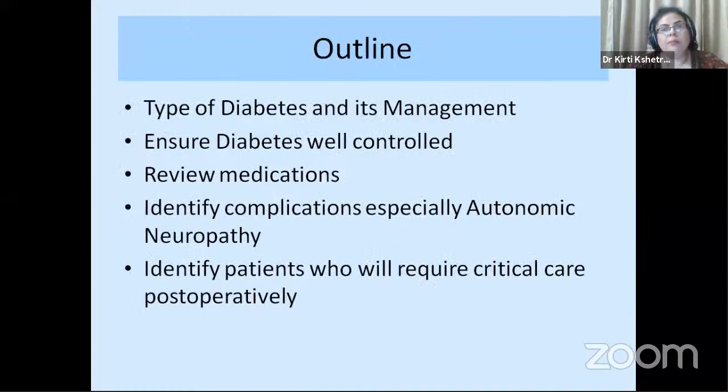The outline of our pre-operative assessment is identifying the type of diabetes and its management, and ensuring diabetes is well controlled. We review the medication, identify the complications, and identify the patients who require critical care post-operatively.